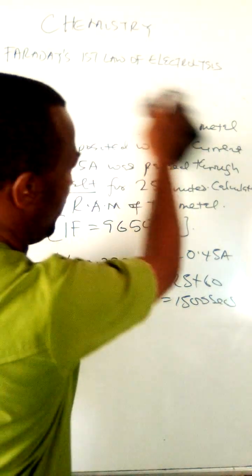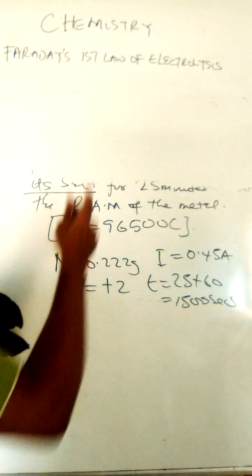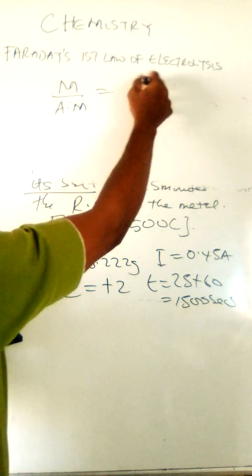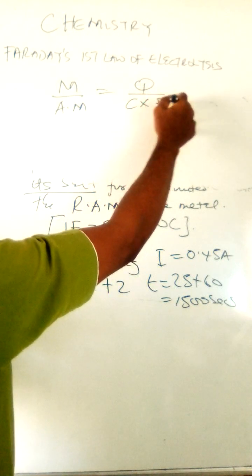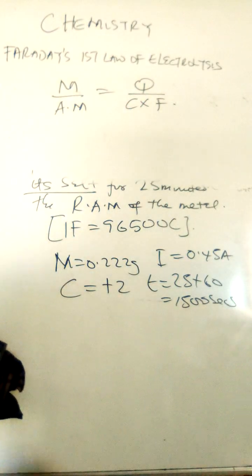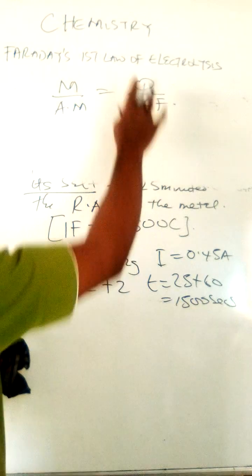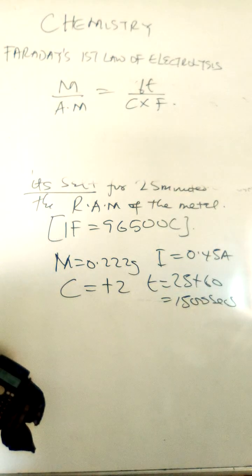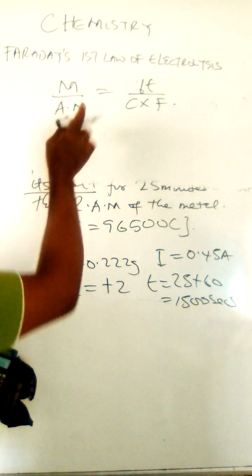Now, remember our equation that says mass over atomic mass equals Q over C times F. Of course, we can get our Q here, or we can substitute and put I and T here and work straight, or multiply I and T to get our Q. So we're looking for the atomic mass.